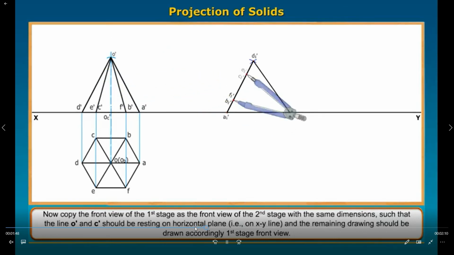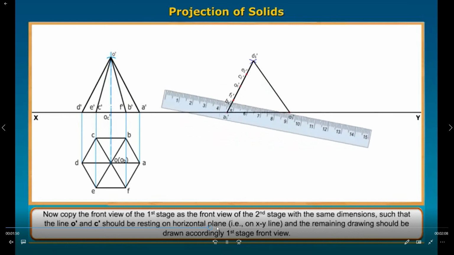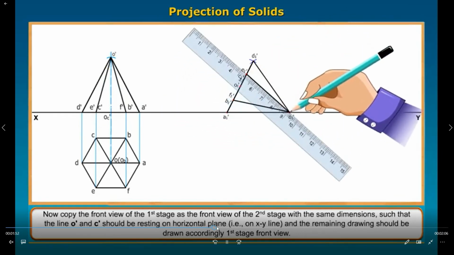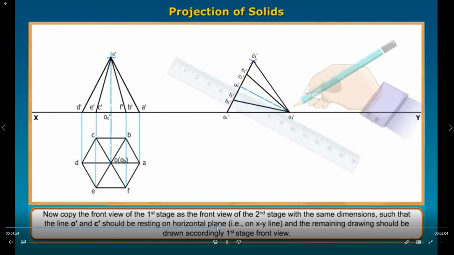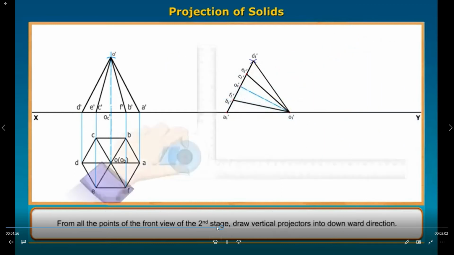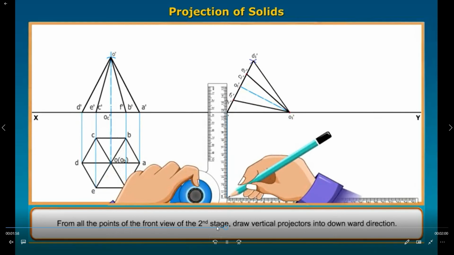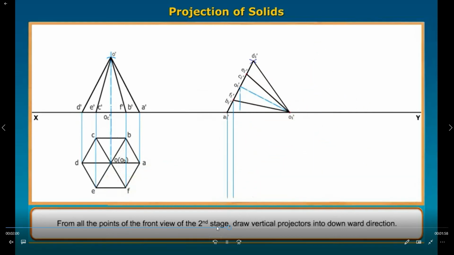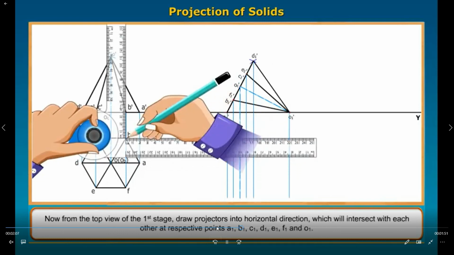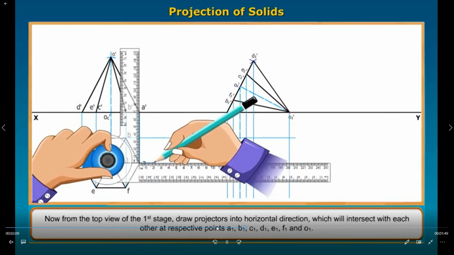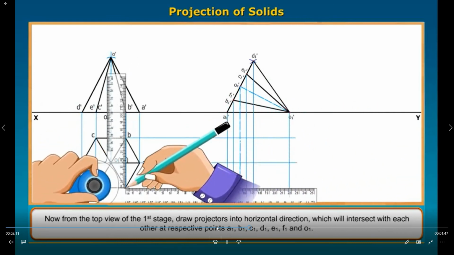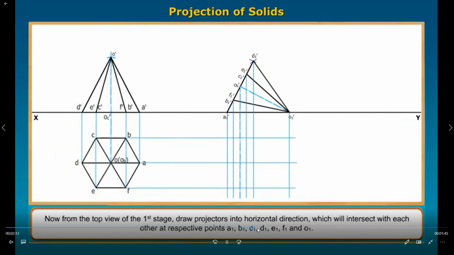Same points in that place also. With the help of the scale, in this way you draw the lines and extend the lines from each point downward, below the reference line. Same here, first stage top view, we extend the lines here also.